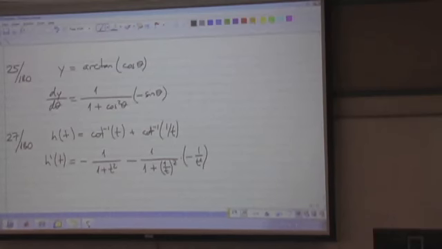Now, do you want to see something interesting or cool, I should say? If you simplify this, do you know what you get? 0. Should we go slower with this?